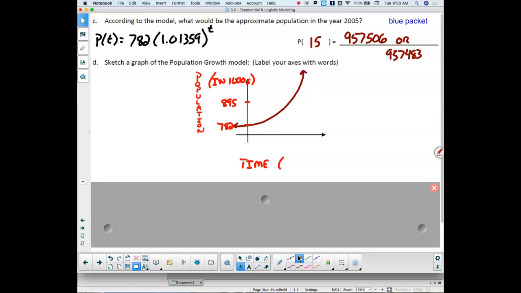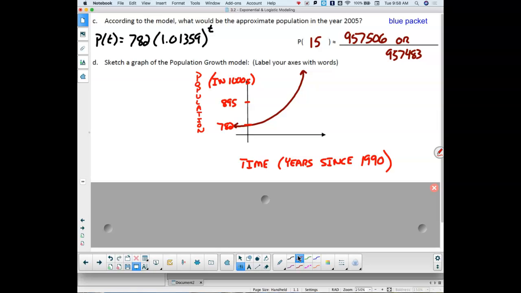Just in years. Right, so how would I label it? That's what I like. Time in years since 1990. Or years after 1990. The more specific we can be, the better.